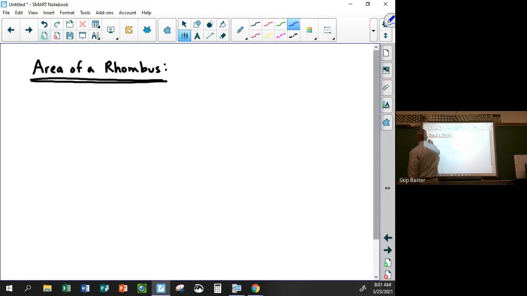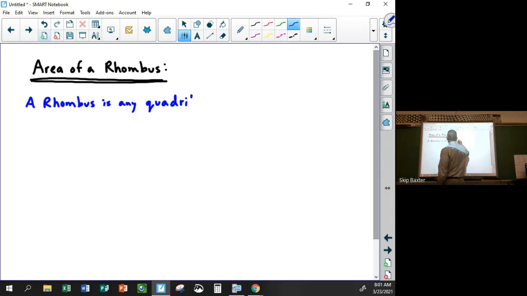So a rhombus is any quadrilateral with 4 congruent sides.